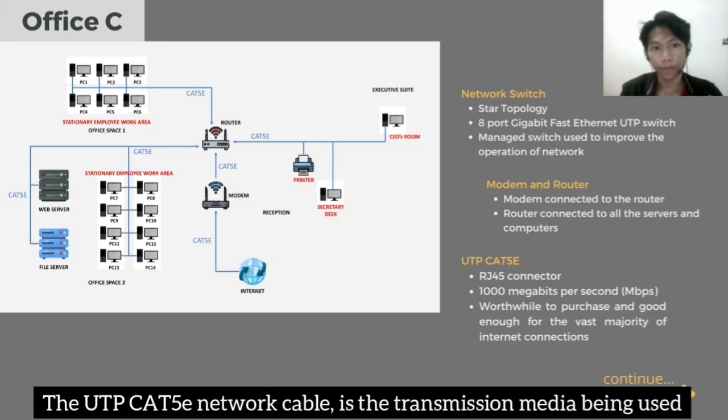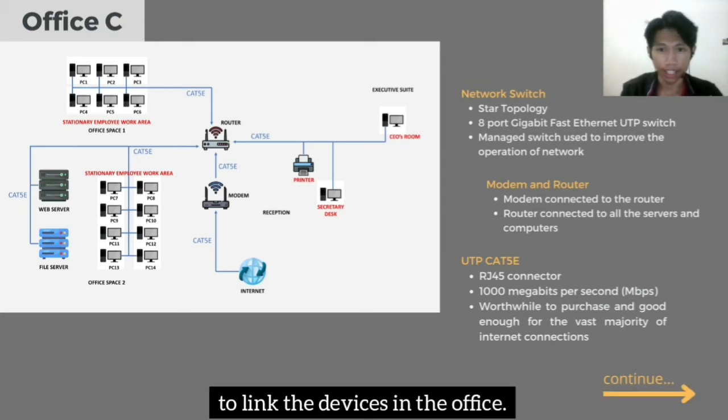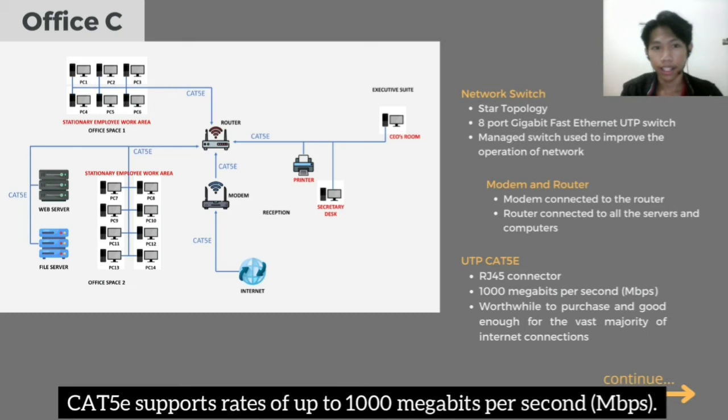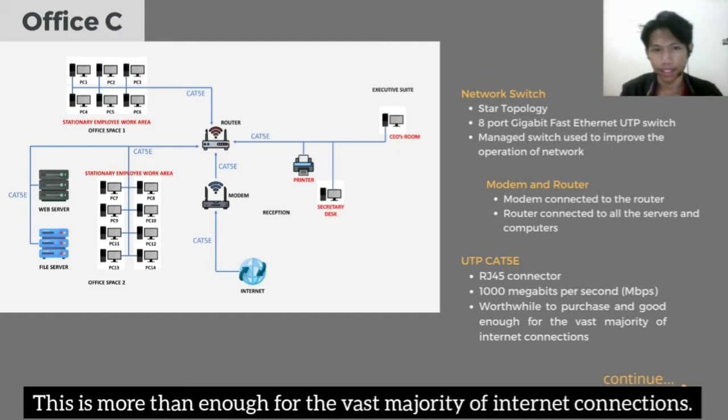The UTP CAT5E network cable is the transmission media being used to link the devices in the office. CAT5E supports rates up to 1000 megabits per second (Mbps). This is more than enough for the vast majority of internet connections.